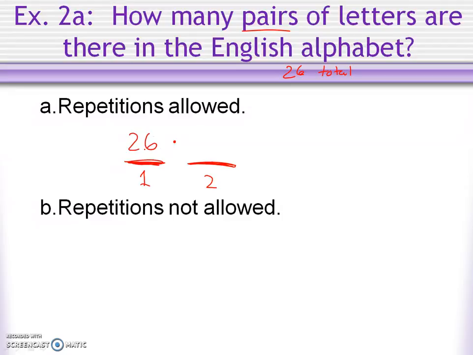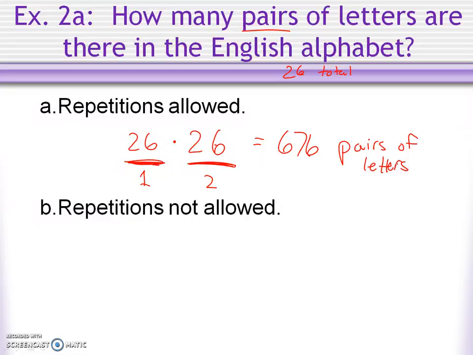And since we are allowed to repeat that letter, there are still 26 choices for the second letter. So here's event 1, here's event 2, m times n, given the little formula from the previous part. So just multiply 26 by itself, and we get 676 pairs of letters.